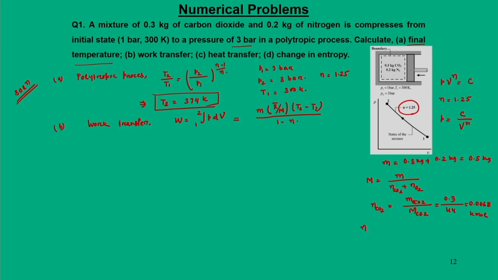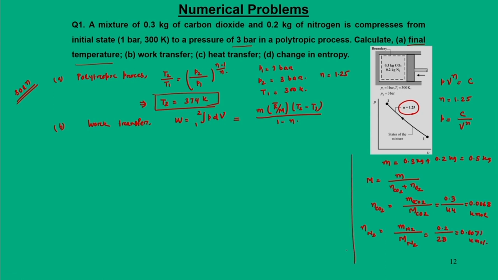Similarly, N N2 is mass of N2 divided by molecular weight of N2. Mass is 0.2, molecular weight is 28. This value is 0.0071 kilomole.